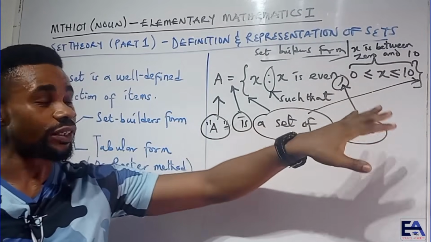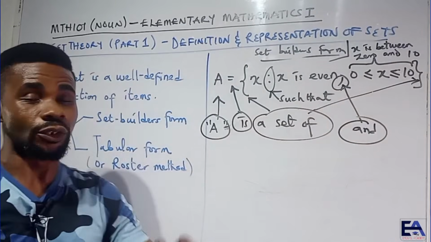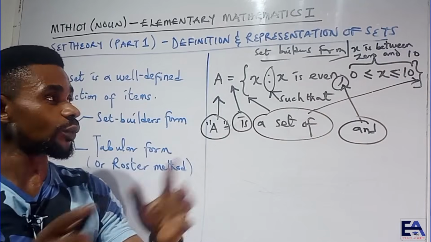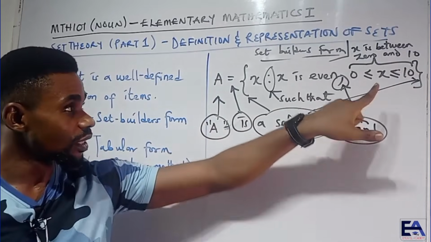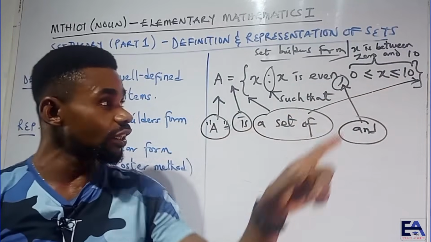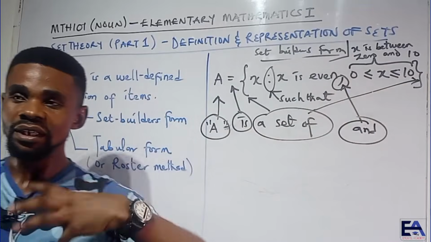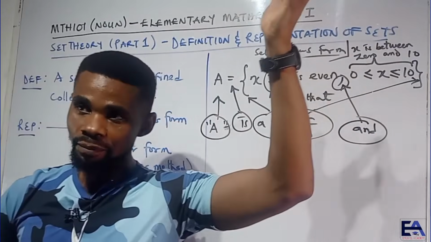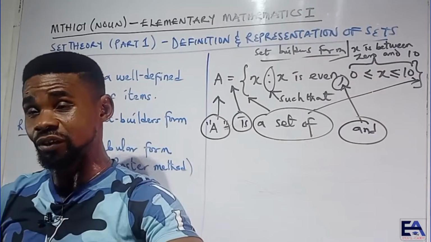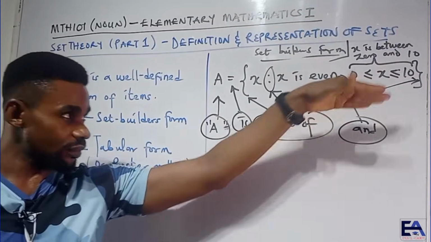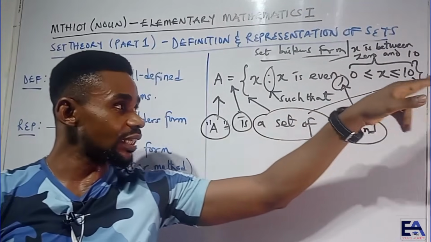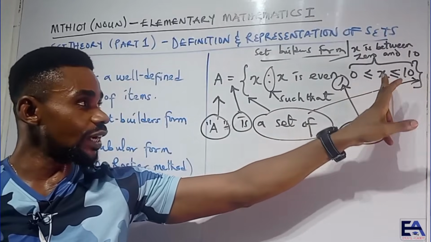It's trying to make us understand that X is a number between 0 and 10, with 0 inclusive and 10 inclusive. That's the meaning of the equality. If the equality is not there, it means anything greater than 0 upward. But if the equality is there, it means 0 itself is included. The same thing applies to 10. It means anything less than 10, if I do not put this thing.